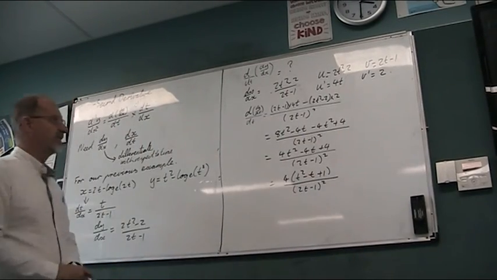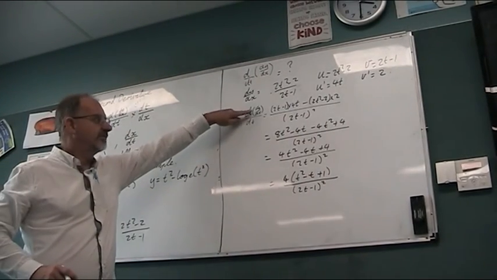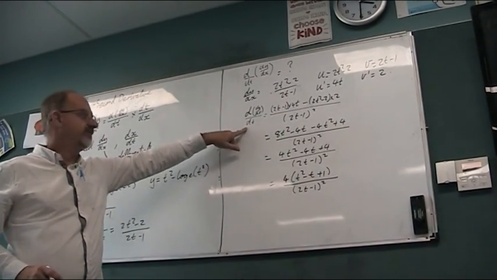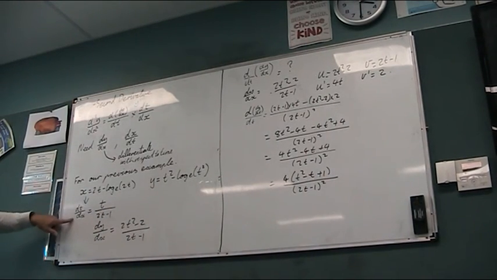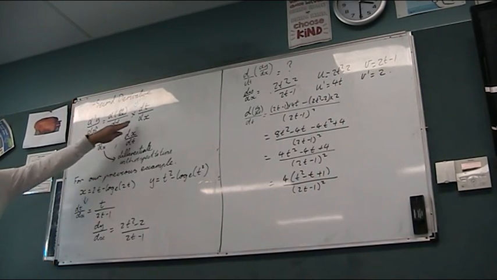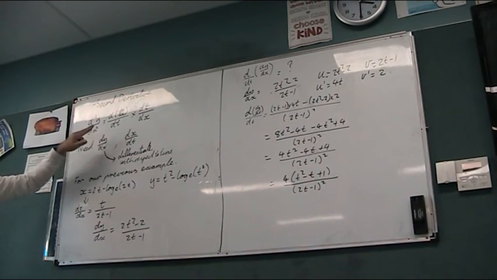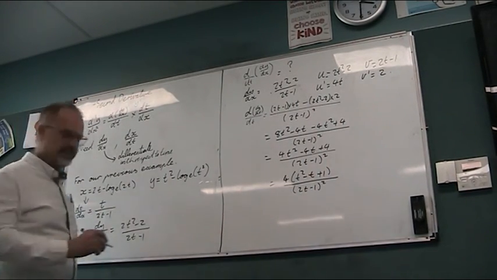Okay, so now we've got the first derivative differentiated with respect to t. We already know what dt/dx is from previously, so now we've just got to multiply those things together to get the second derivative.